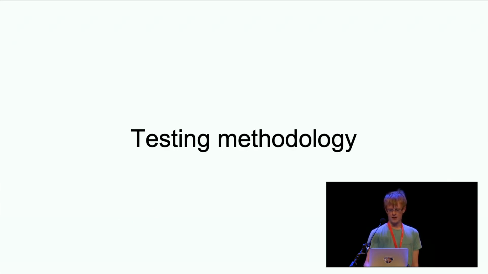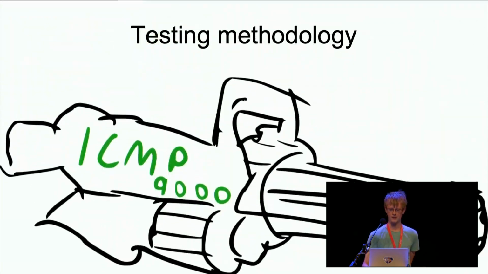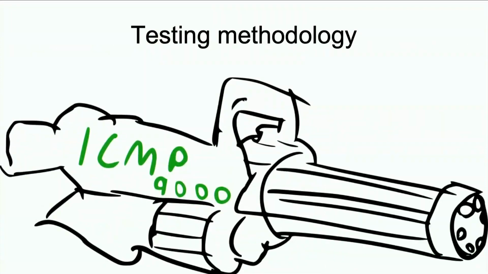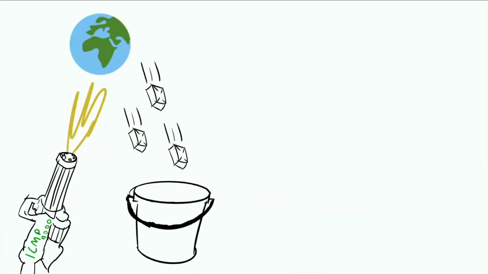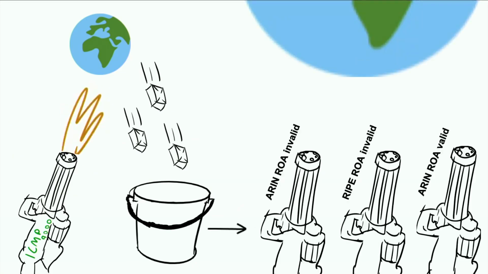To test this, we need 3 prefixes. We have 2 invalid prefixes, one from ARIN and one from RIPE, and we have a control prefix which is signed correctly. We use a lovely piece of software called the ICMP 9000, whose sole purpose is to shoot packets into the internet and collect what falls off into a bucket, which then feeds the other ICMP 9000s that specifically only use the invalid, valid, RIPE invalid and the ARIN valid.